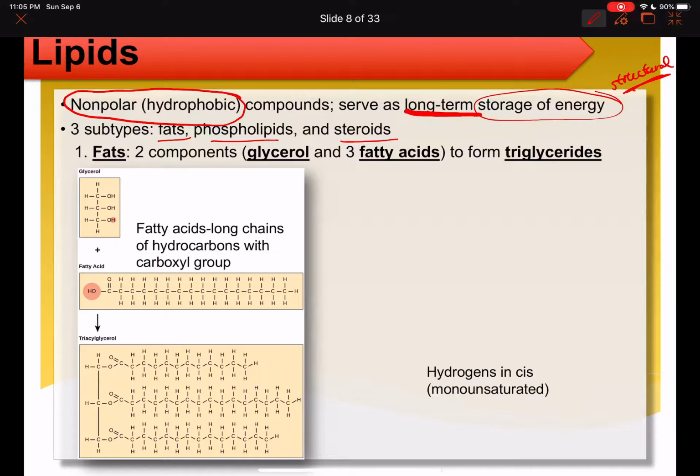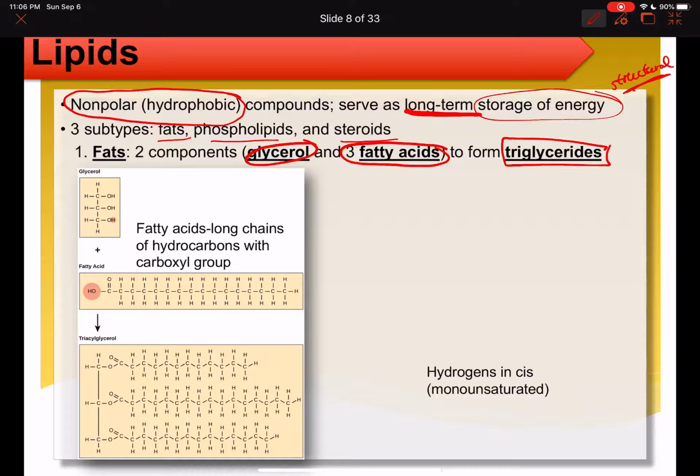The monomer for carbohydrates is a glucose molecule, while the monomers for fats are 1 glycerol molecule and 3 fatty acid chains. Together, that 1 glycerol molecule and 3 fatty acid chains form a larger polymer called a triglyceride.